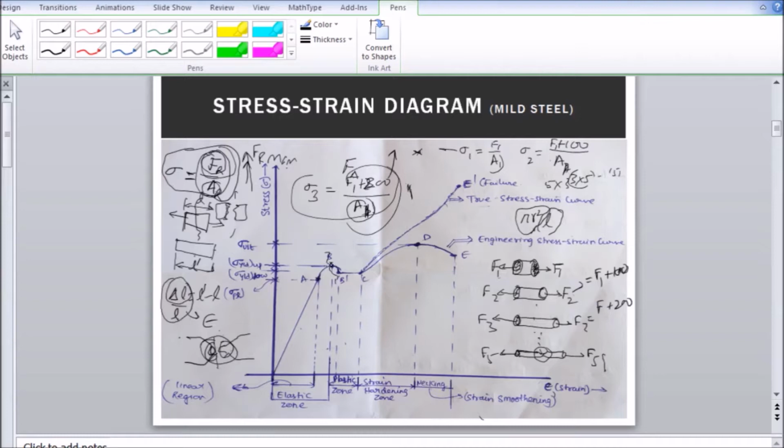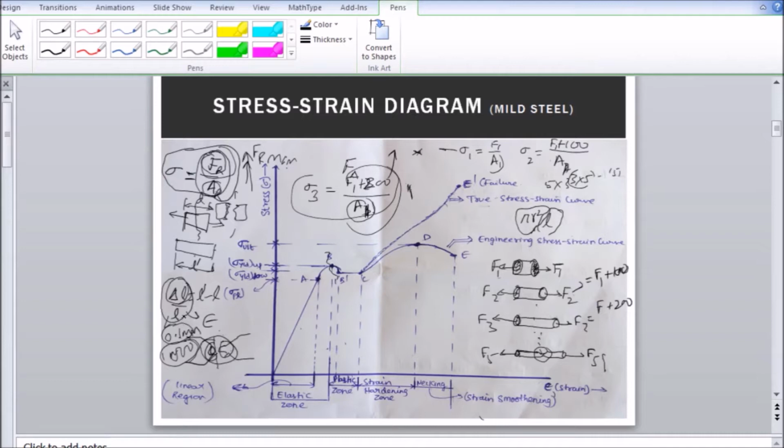And before the elastic limit, the change in dimension, this delta L, is very less, of the order of 0.1 mm or even less than that. When a dimension is 1000 mm, or 2000, 3000 mm, each component is that lengthy, compared to the value of 1000, this 0.1 is negligible.